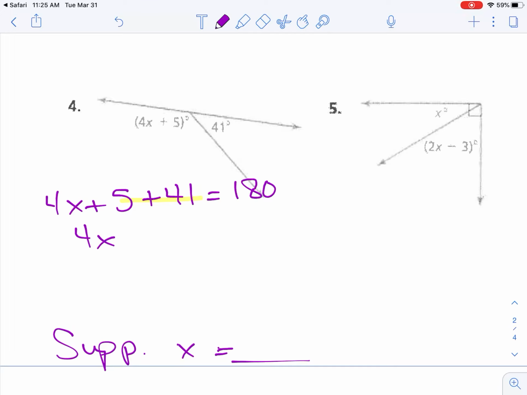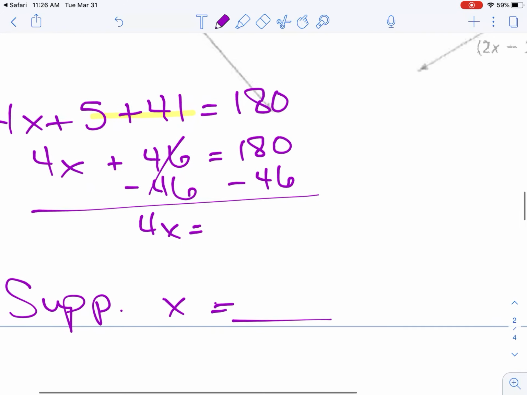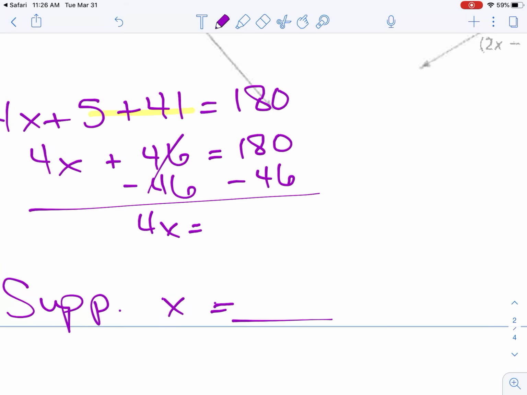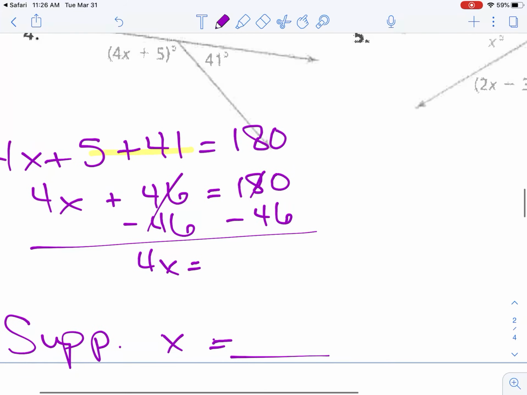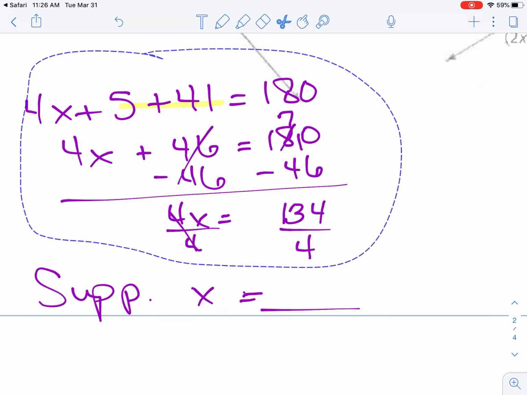Go ahead and combine your like terms. 5 plus 41 gives us 46. We're going to subtract 46 from both sides. We're going to get 134. Okay, and then divide both sides by 4 to get that x by itself.